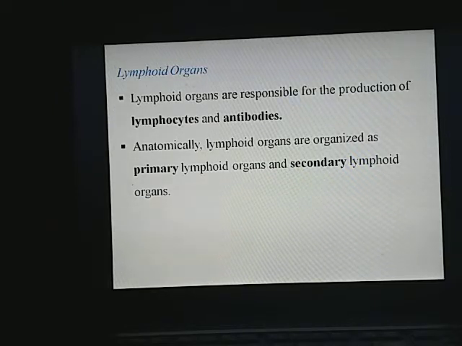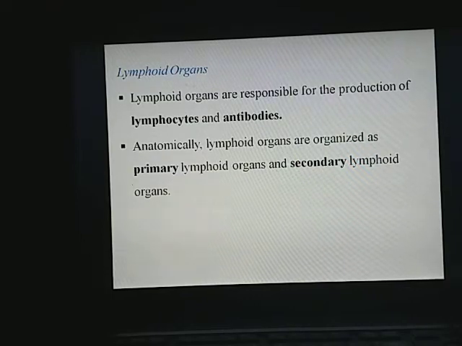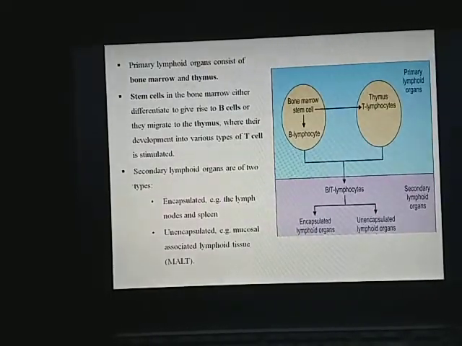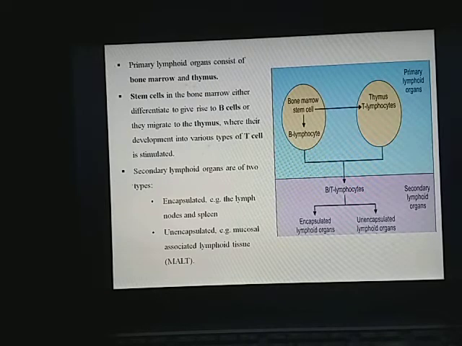Anatomically, lymphoid organs are organized as primary lymphoid organs and secondary lymphoid organs. Let us see what they are one by one. Primary lymphoid organs consist of bone marrow and thymus.